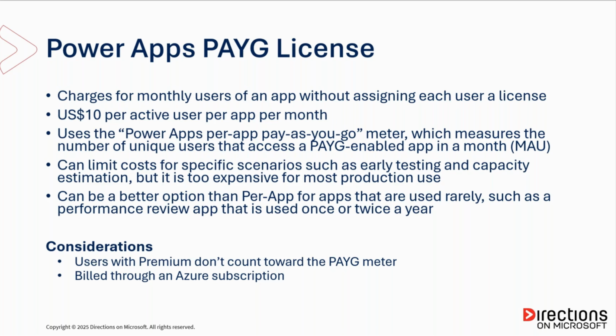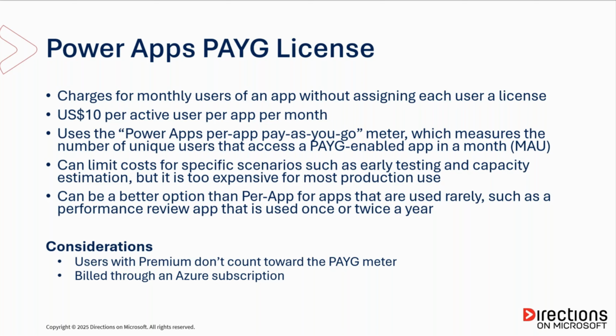And this PAYG billing uses what they call the Power Apps per app pay-as-you-go meter, which measures the number of unique users that access a pay-as-you-go enabled app during each month. So those users might change each month, but whatever number of them use that app within the month, those unique users will increase that meter, and that's what you will pay on your bill when it comes.